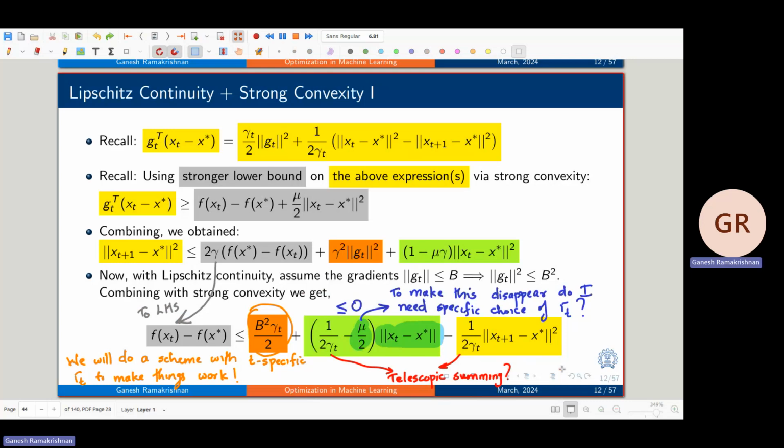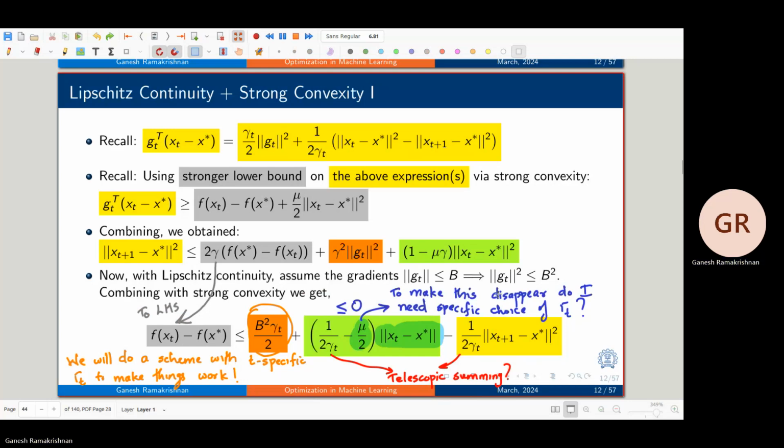So all these are kind of tricks, right? And it didn't happen in a 10-minute span. A lot of iterations, trial and error. But it turns out that this analysis benefits from a step-specific gamma, which is actually the case in reality. For simplicity, in some of the previous analysis, we were able to use a worst-case gamma. So we'll do a scheme with a t-specific gamma_t to make things work.